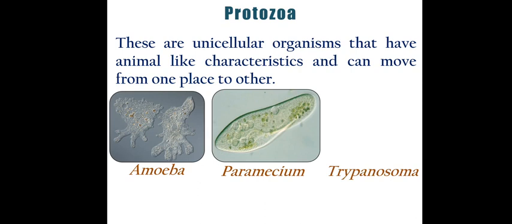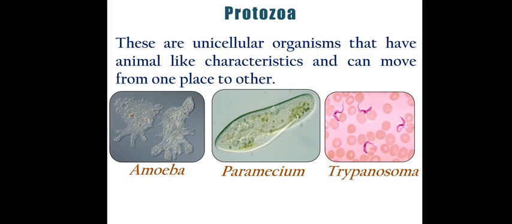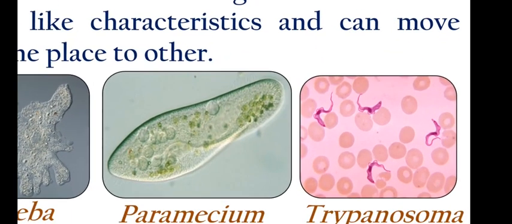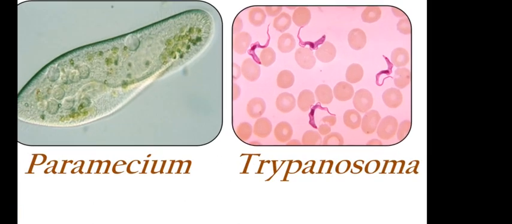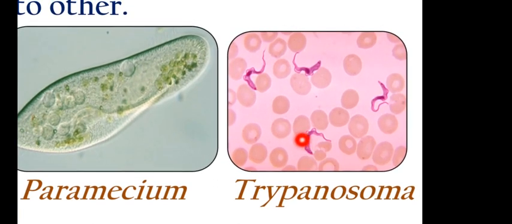Similarly, there is a protozoa known as trypanosoma. You can see this purple colored structure, the trypanosoma, in this slide. Remember, this is a pathogenic protozoa, that means a disease-causing protozoa. This is a blood slide, and these are the RBCs normally present in our blood, and this is the trypanosoma parasite.